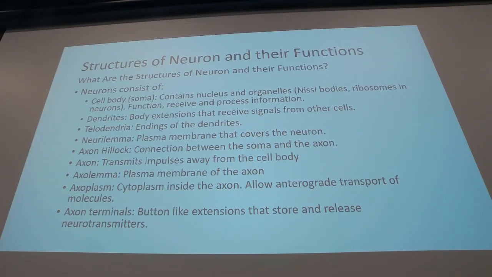And this body or soma has extensions that are called dendrites, which can be compared to branches of a tree. And these dendrites receive information from other cells. And then at the end of the dendrites, they have a little extension that is called telodendria. That is the one that specifically is connected to other cells.